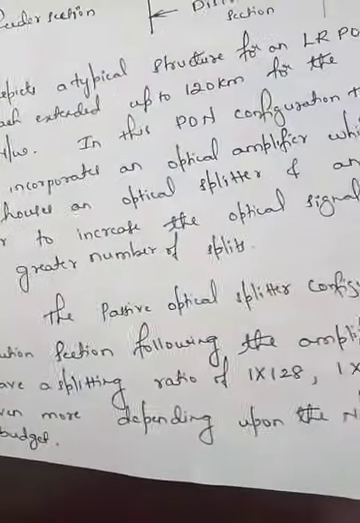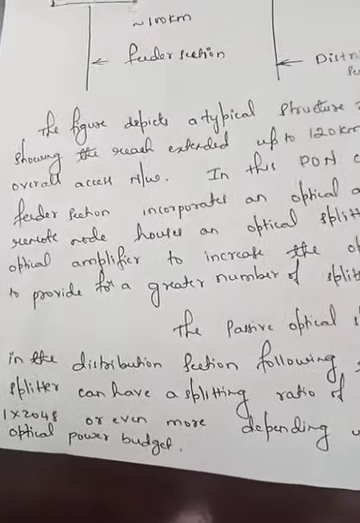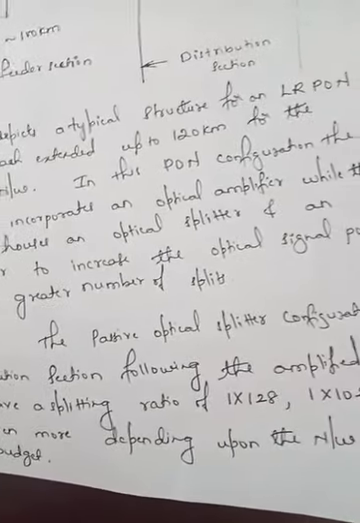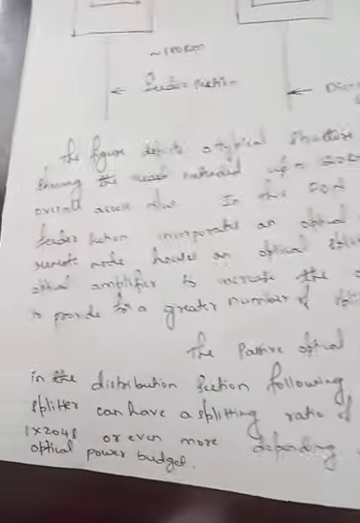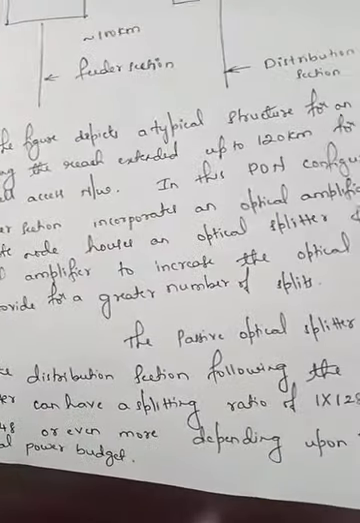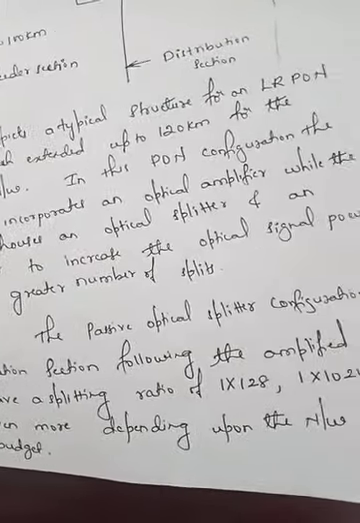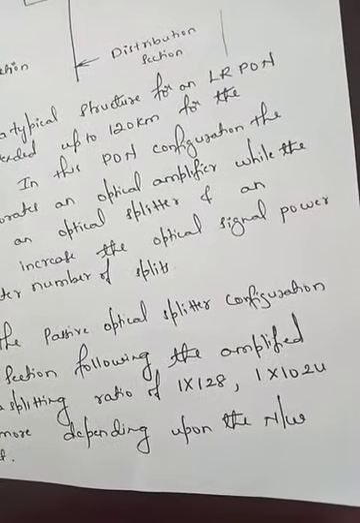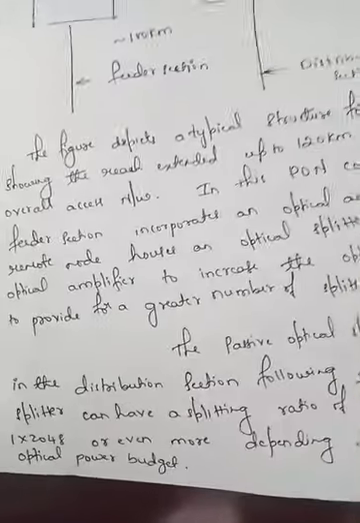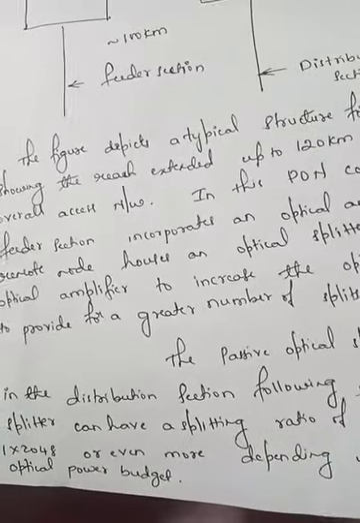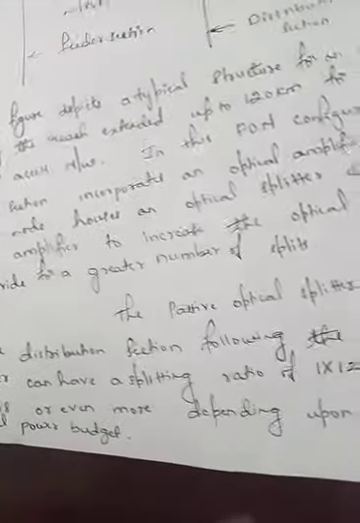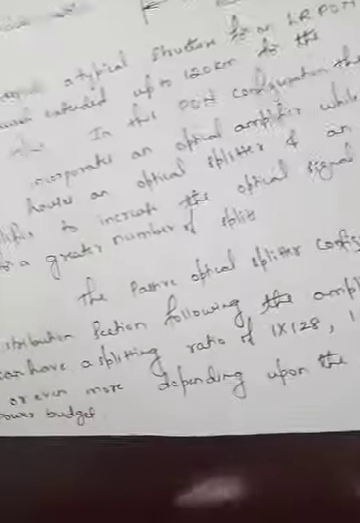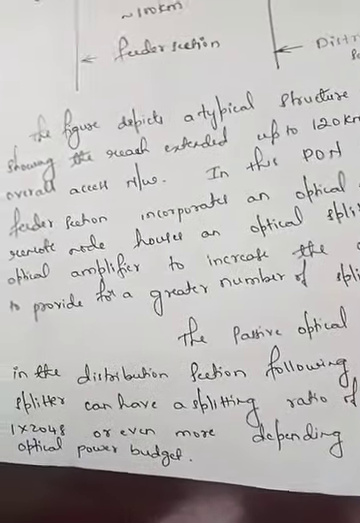The passive optical splitter configuration in the distribution section following an amplified splitter can have a splitting ratio of 1 cross 128, 1 cross 1024, 1 cross 2048, or even more depending upon the network optical power budget.